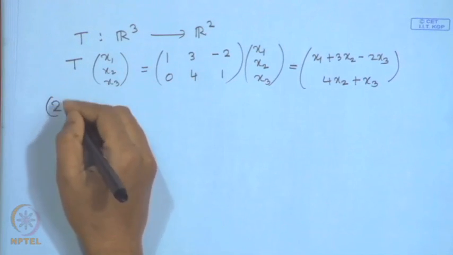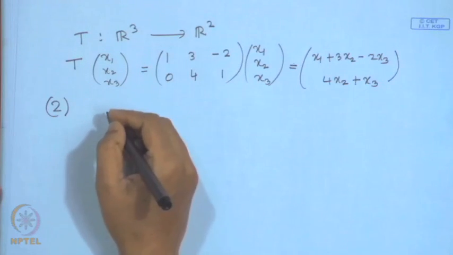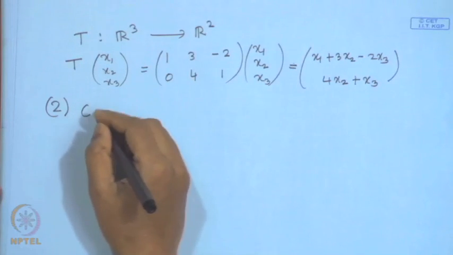Then example 2 is like this. Here we consider a linear transformation.